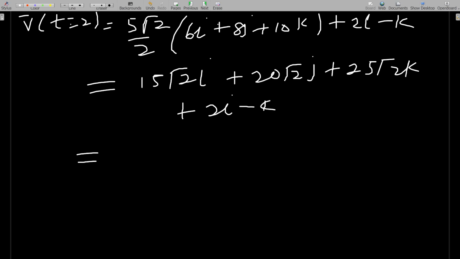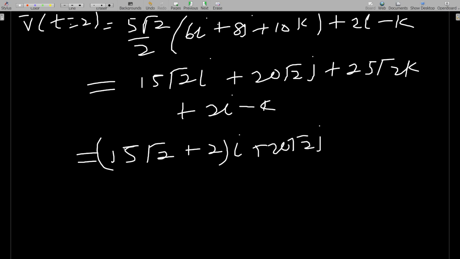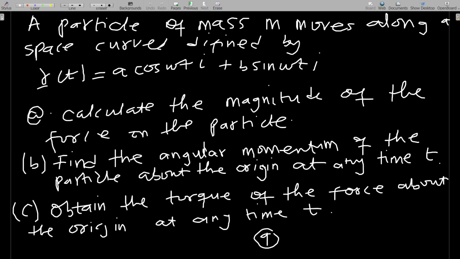Grouping the i, I have 15 root 2 plus 2 i plus 20 root 2 j plus 25 root 2 minus 1 k. So this is your velocity at time t equals 2 seconds. I hope this is very simple, right? So let's go to the last question for this lesson, and that will be all.